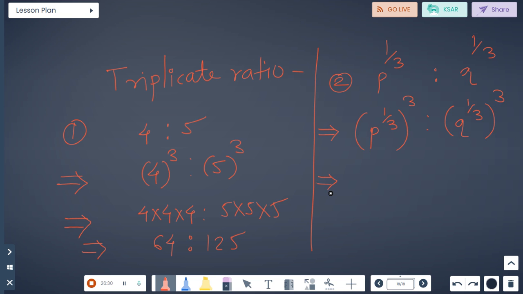This can be simply written as p raised to 1 upon 3 multiplied by 3 is to q raised to 1 upon 2 multiplied by 3. This 3 and this 3 get cancelled. Also this 3 and this 3 get cancelled. Means p is to q is the triplicate ratio of that given ratio.